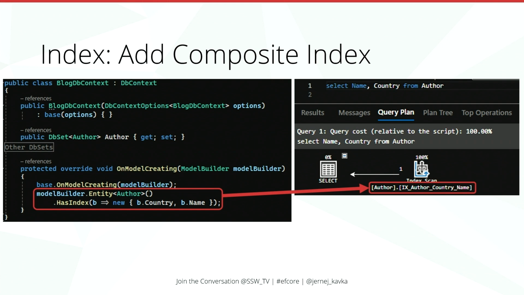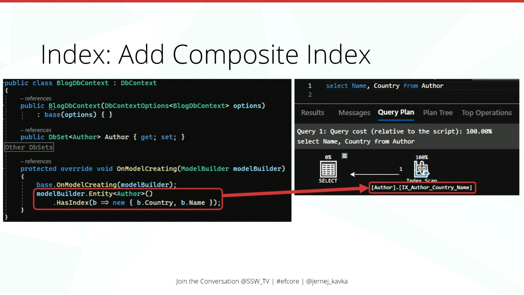Okay. So the question is, this is just a model builder. So here in this model builder, we actually generate the database schema. So here we are defining the database schema, and the great thing about the code first approach is that as a developer, I can look at the references to the author, for instance, or references to the country, and I can see in my code that this is being used as an index.